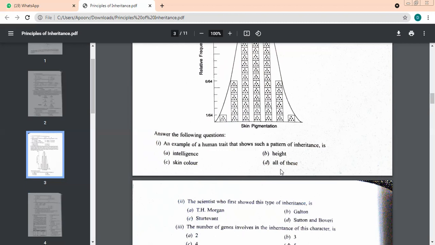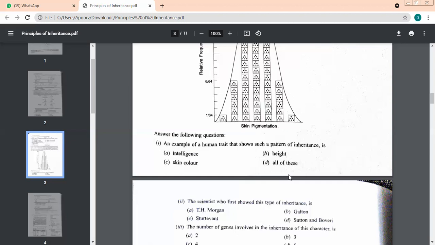Sony said D and I said C. So Sony, why are you changing your answer? Ma'am, I'm a little bit confused in this. Confused, matlab you are not sure. That is what you're trying to say? Ma'am, but it could be height also and intelligence. That's why I thought all of these.